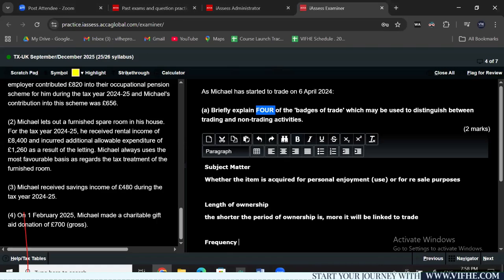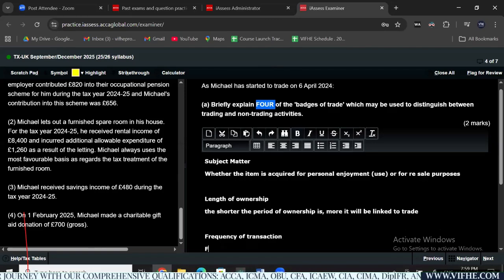So if something is being frequently sold, it is highly indicating that it is carrying an element of trade in it. So frequent transactions indicate trade.